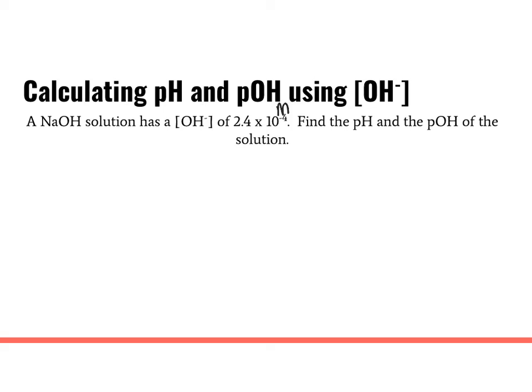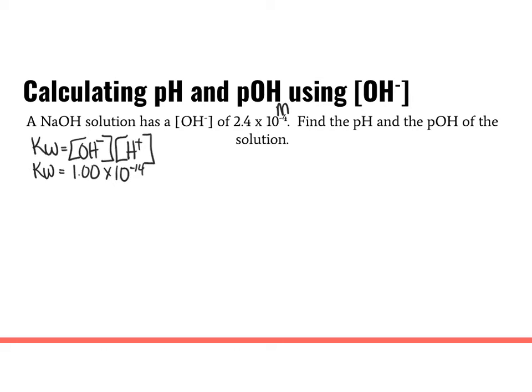So we learned of two new ones today. The first one we learned was Kw is equal to OH minus multiplied by H plus. And we know that Kw is equal to 1.00 times 10 to the negative 14. Okay?